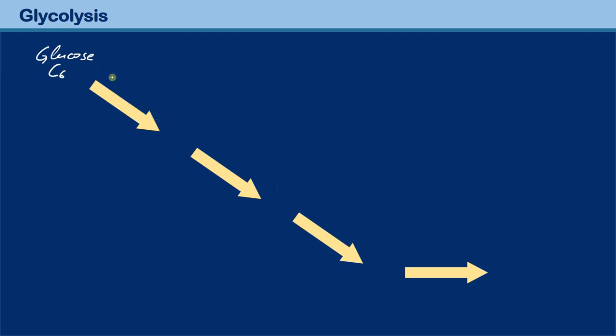So, first of all, the first step is that the glucose is too stable and doesn't want to react. But we want to break down the glucose to release the energy. So what we have to do is add energy in the form of ATP. We're adding 2 ATP, and we're transferring the third phosphate, because an ATP has 3 phosphates, the third phosphate we're transferring to the glucose, and we make 2 ADPs.